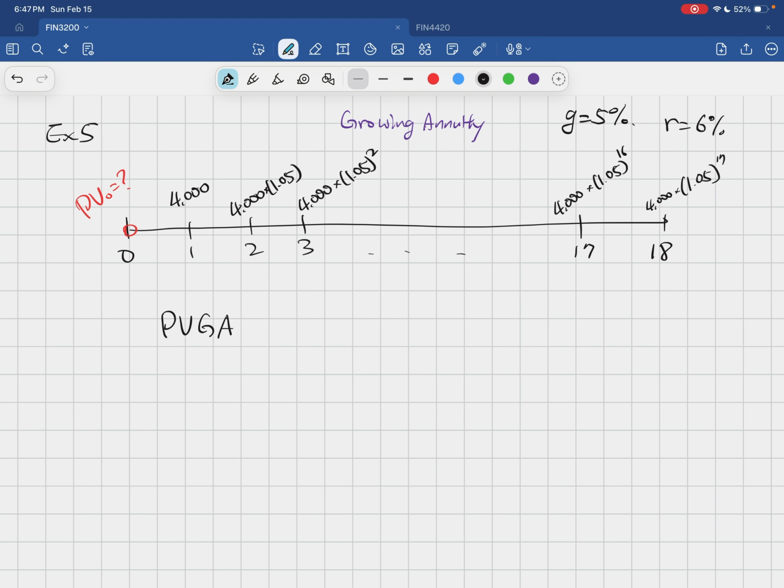Okay. It still has this t plus 1 relationship. I'll just first write down the formula. 1 plus g over 1 plus r to the nth power. That's the formula.